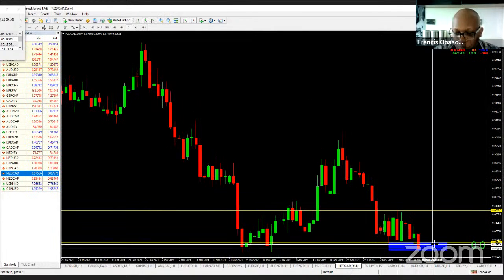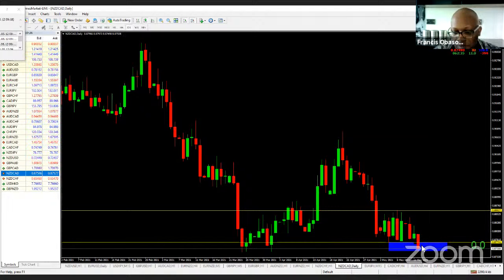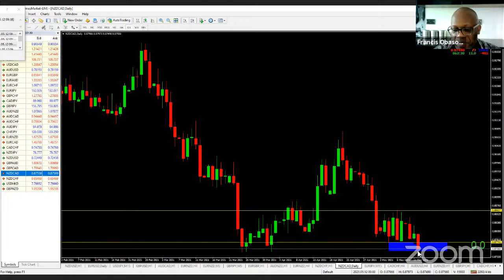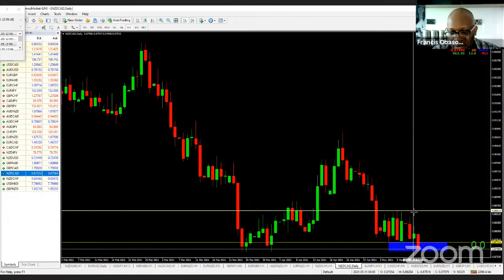Let me see. It has done about 45 pips so far today, about 50 pips. This might not necessarily be a day trade. I would say to have it in mind for a medium to long-term trade.